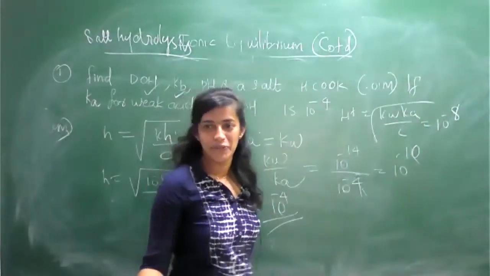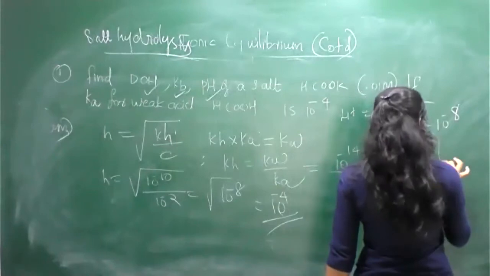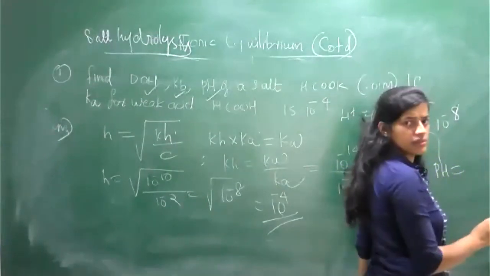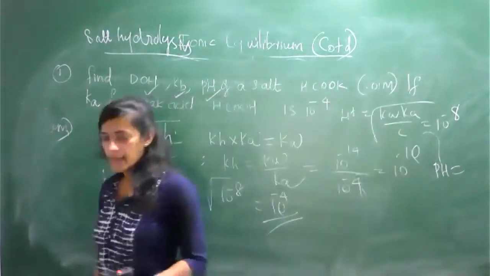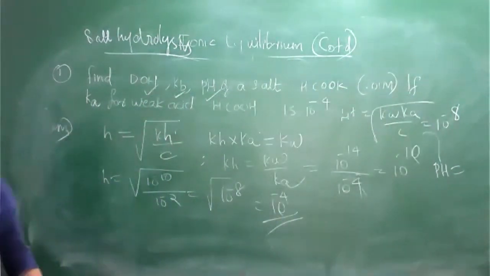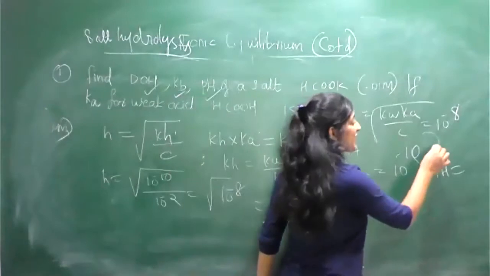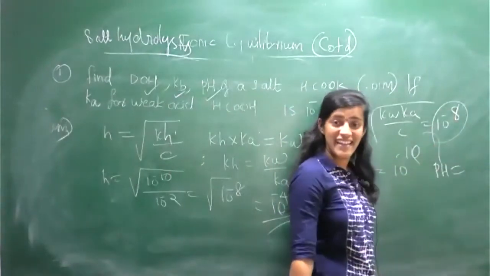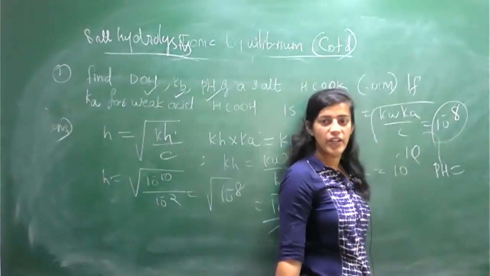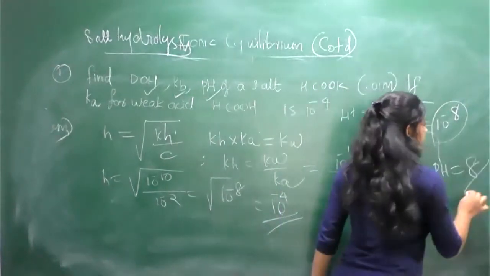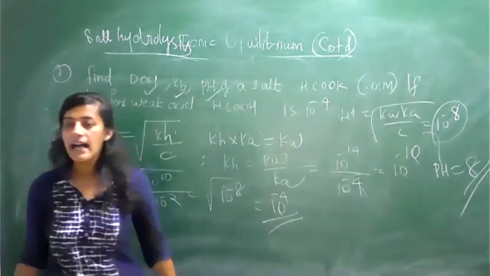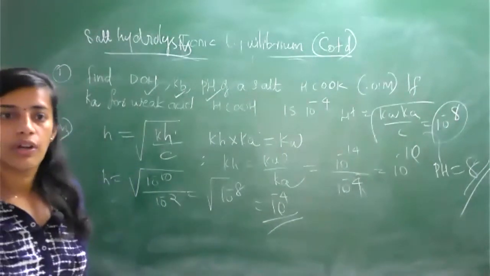Then pH is equal to minus logarithm of H plus ion concentration. So 8 is the pH. This is the answer. Got it?